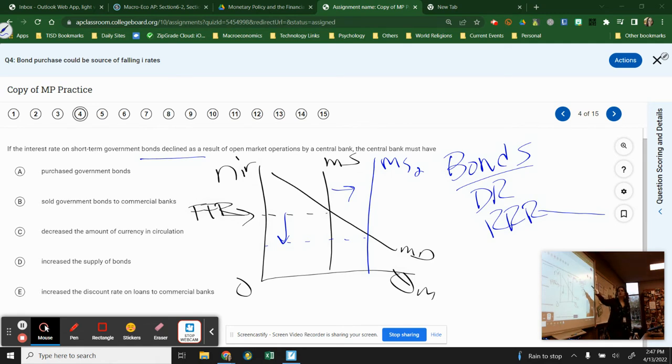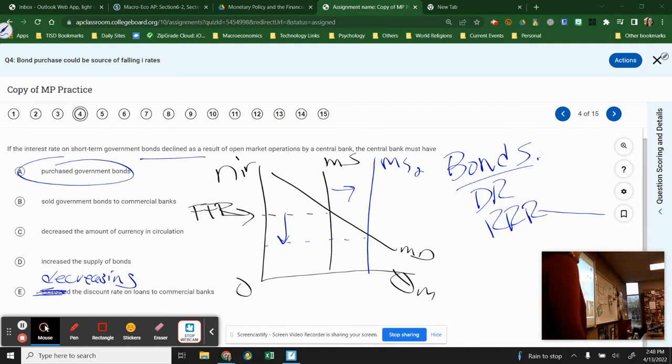What did they do to increase money supply? Like, what do they do with bonds? They bought them. But Miss Taylor, hold on. Let's pretend this says decrease. If this says decreasing the discount rate, would that have been an acceptable answer?